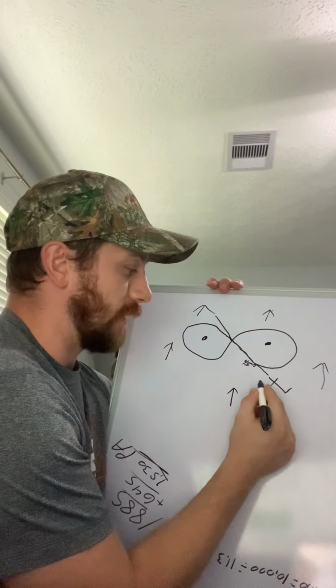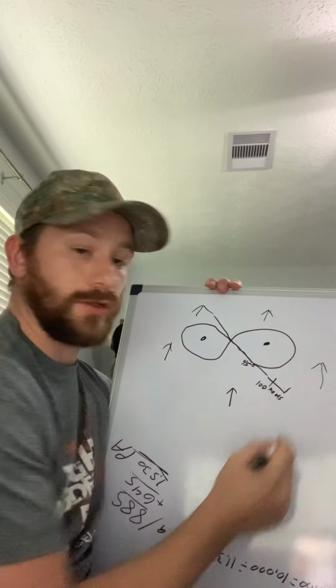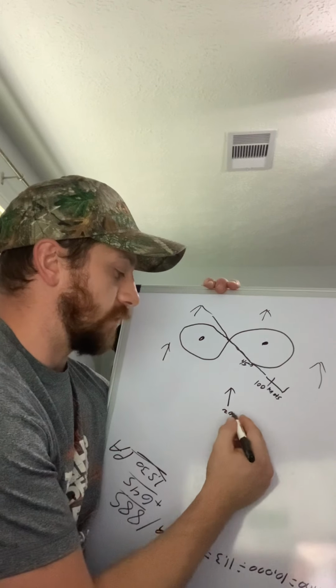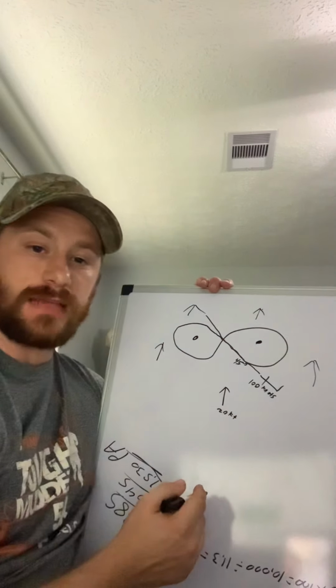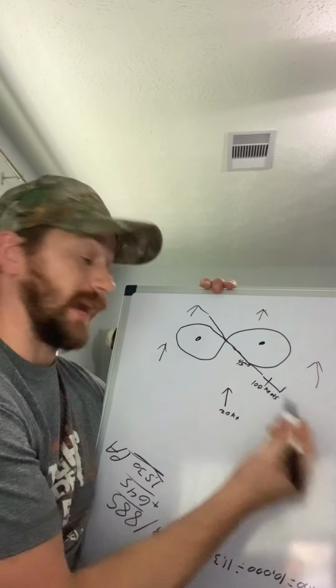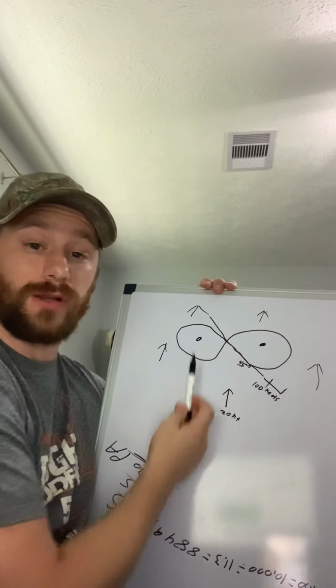So let's say you're flying 100 knots, okay? And you have a 20 knot tailwind, so you'll be flying actually at 120 knots if you are going directly with it.